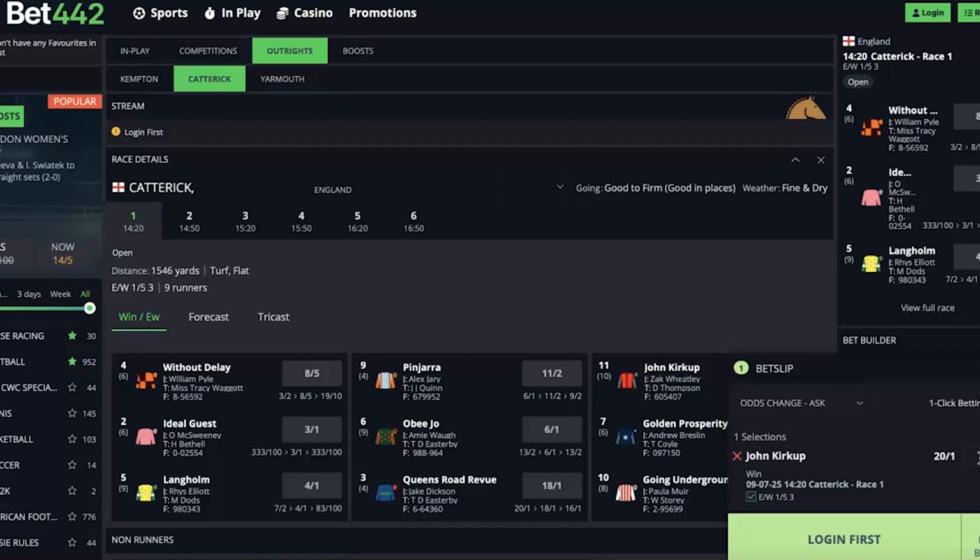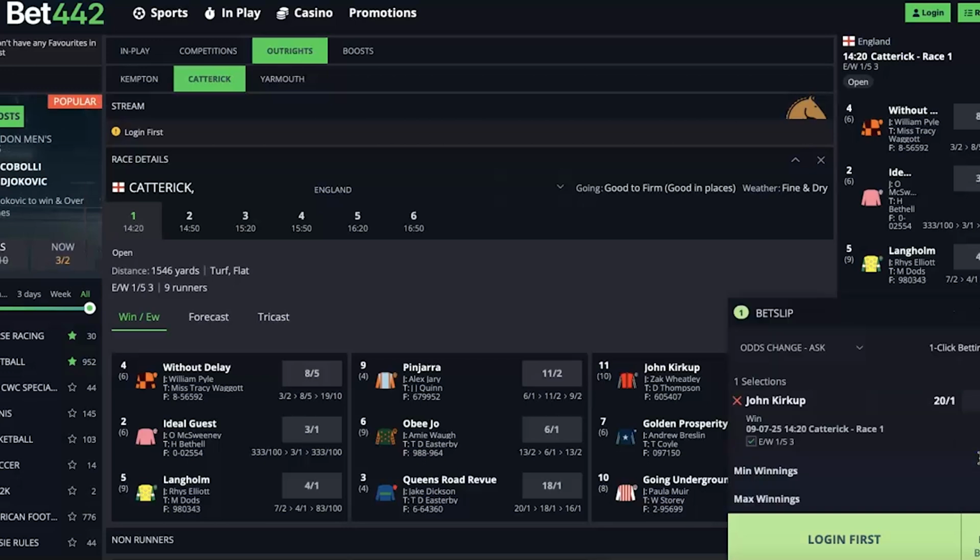So if we were to place a £5 each way bet on this particular horse, it would obviously cost us £10 in total, as you've got £5 of your stake going on the win and £5 of your stake going on the place bet as well.